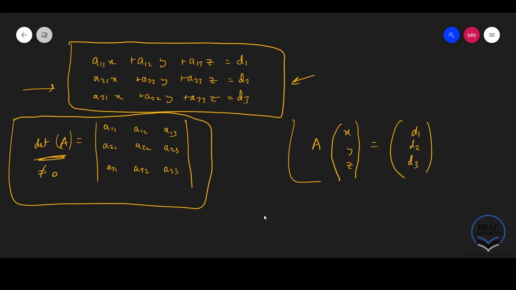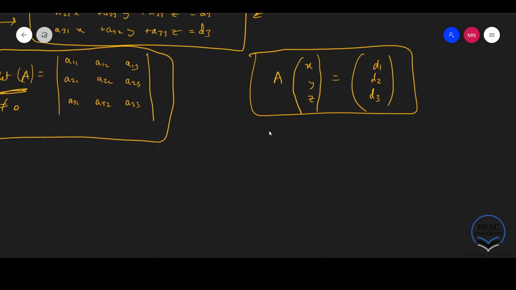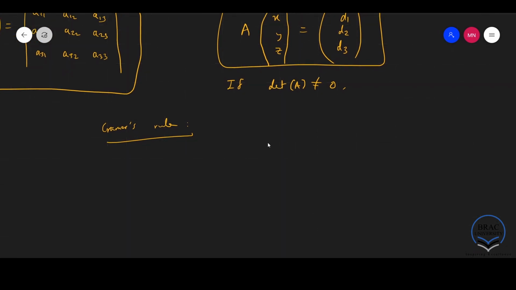So we can also write a system like this as follows, right? And if the determinant of A is not equal to 0, then we can apply Cramer's rule to find the values of x, y, and z, to find a unique solution for this system of linear equations.